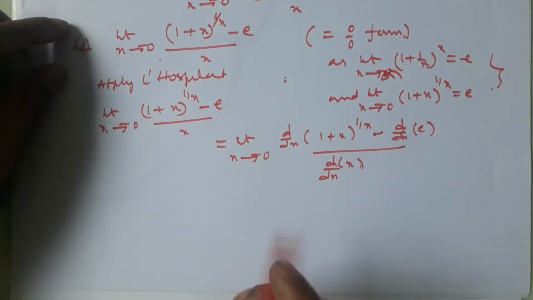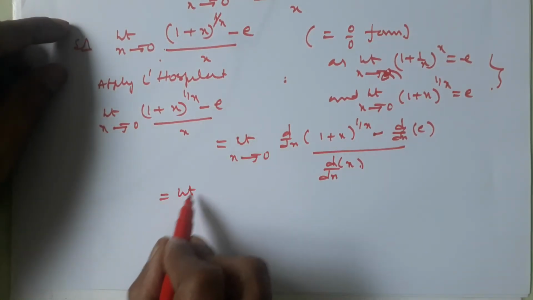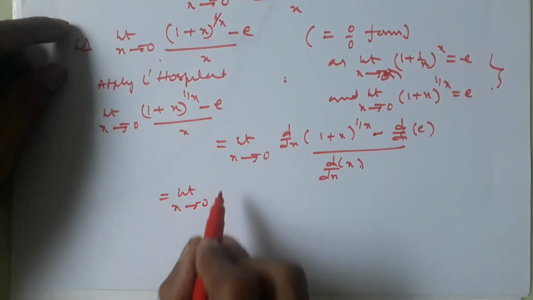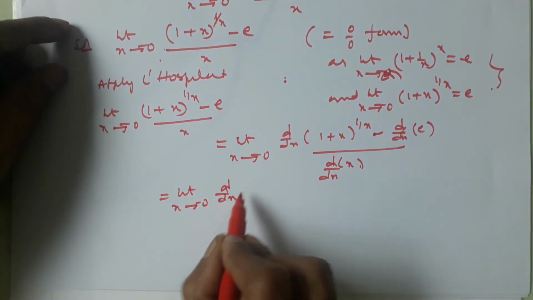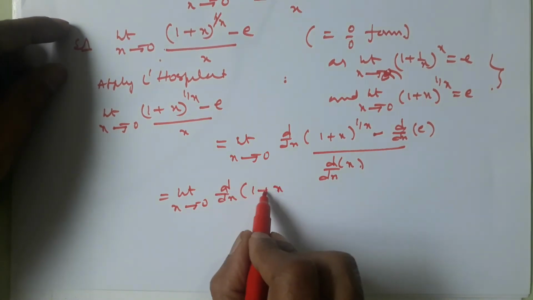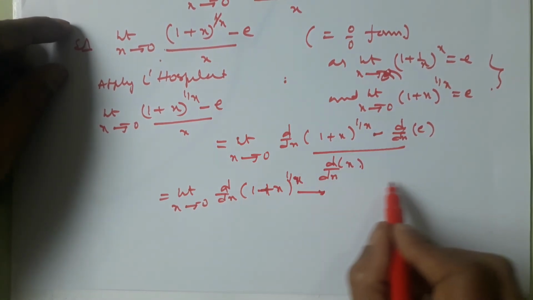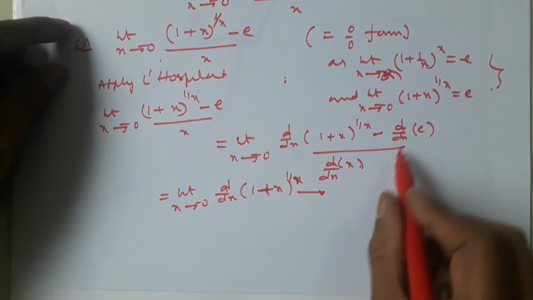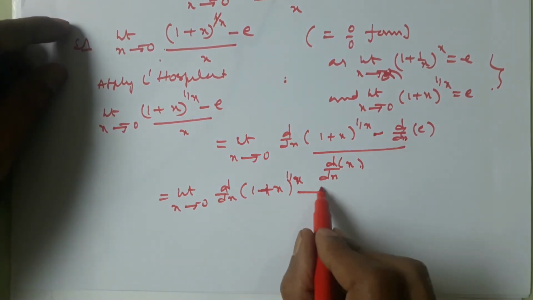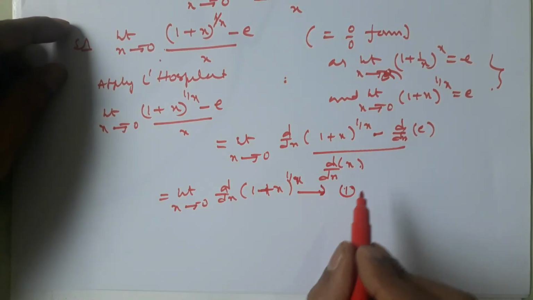So is equal to limit x tends to 0 of d by dx of (1 plus x) whole power 1 by x only we need, because the other term is 0 and the denominator is 1. Take this as equation 1.